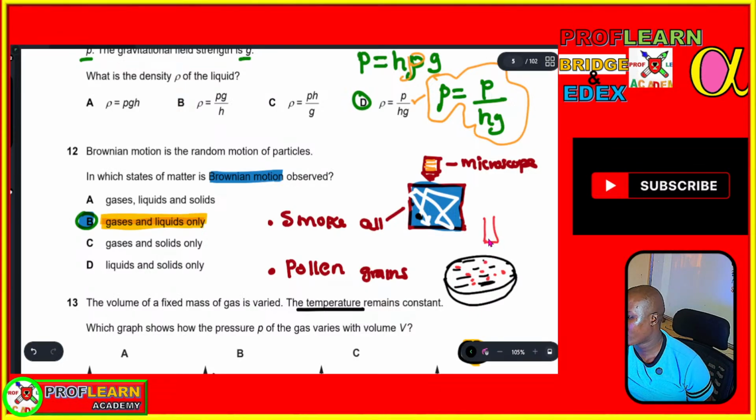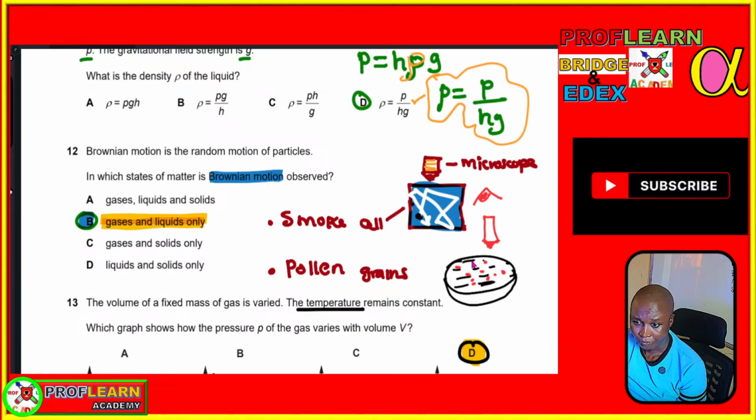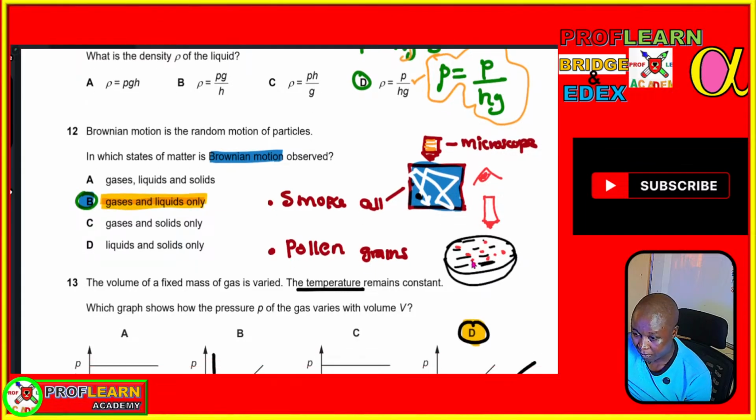If you have a travelling microscope and your eye is positioned here, you are going to see the pollen grains moving in random motion. And the reason why they are moving in random motion is because those pollen grains are colliding with invisible water molecules which are moving randomly, and that is what is called Brownian motion.